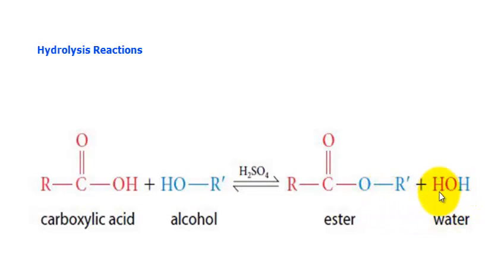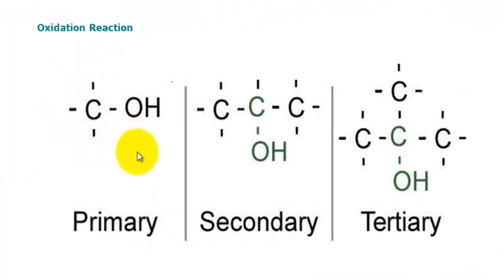The OH group of water is added to the carbon chain containing the carbonyl group of the ester, forming a carboxylic acid, and the hydrogen atom of water is added to the alkyl group of the ester, forming the alcohol.